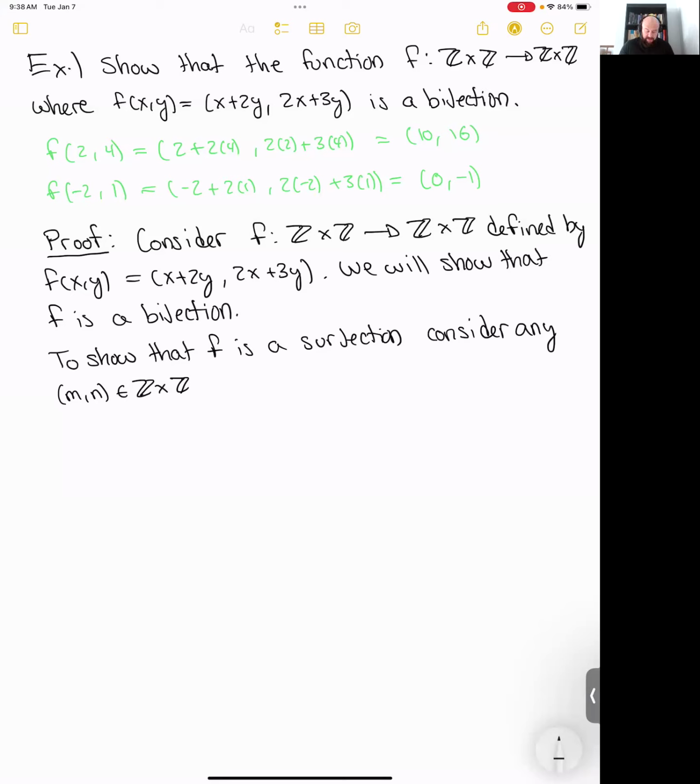I need to show that for any element in the codomain, there exists something in the domain that maps onto it, right? So that's what I'm going to tell the reader.